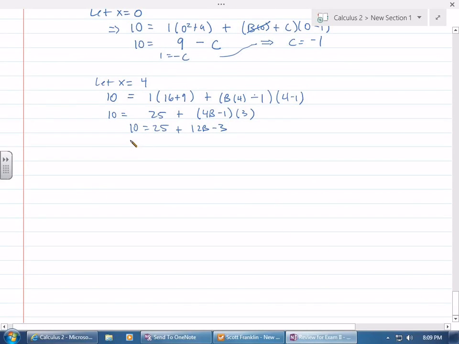So 10 equals 25 minus 3 is 22 plus 12b. So minus 22, minus 22 is minus 12 equals 12b. So b is negative 1.